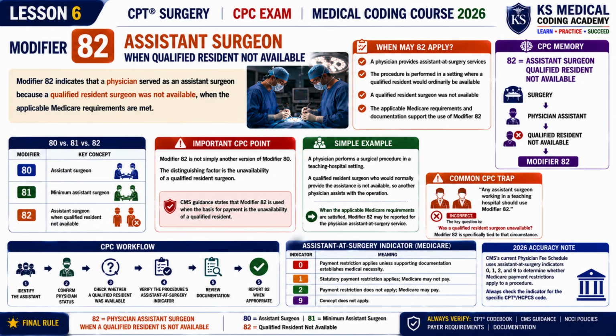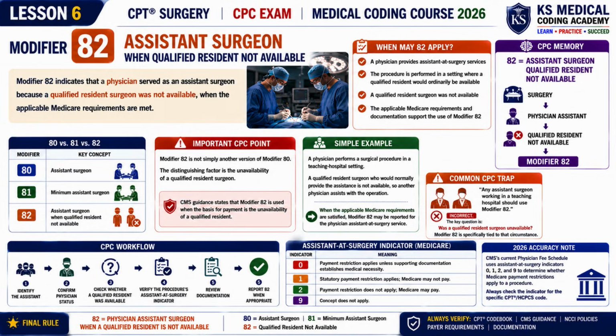Here's the common CPC trap. Any assistant surgeon working in a teaching hospital should use modifier 82. That's incorrect. The key question is, was a qualified resident surgeon unavailable? Modifier 82 is specifically connected to that circumstance.